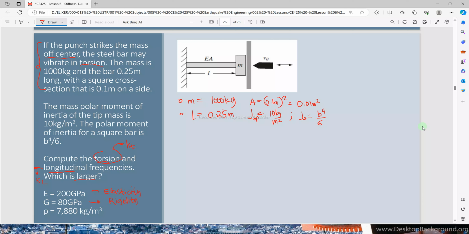And here we have rho, the density of the steel.